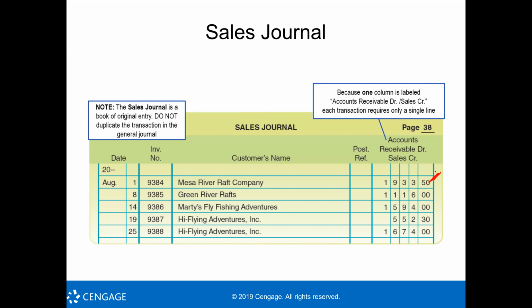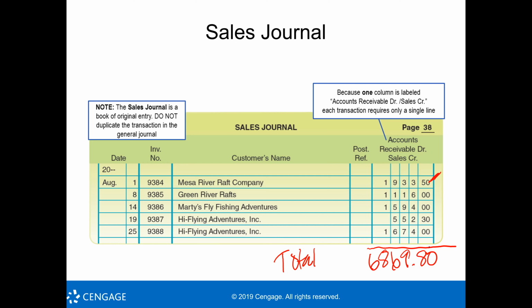But if we add these up now, 1933.50 plus 1116 plus 1594 plus 552.30 plus 1674, this gives us a total of 6869.80. And so if these were all of our transactions for the month, at the end of the month, we could record these in a summary entry.